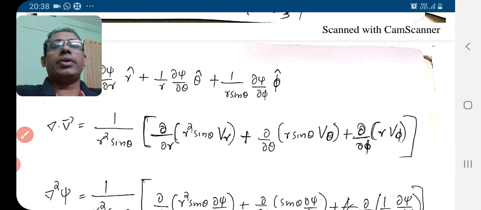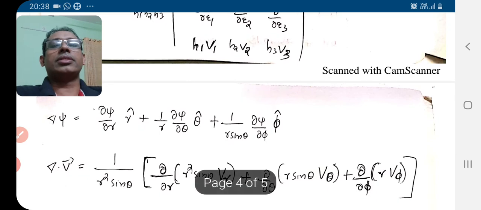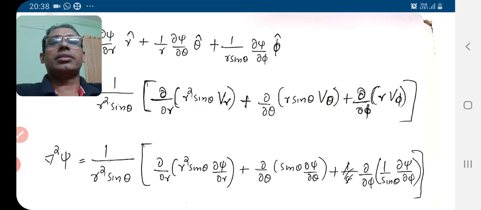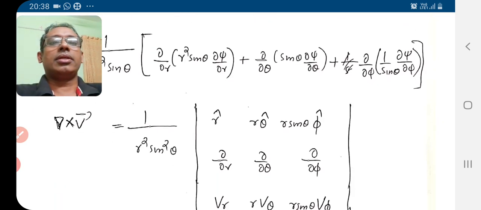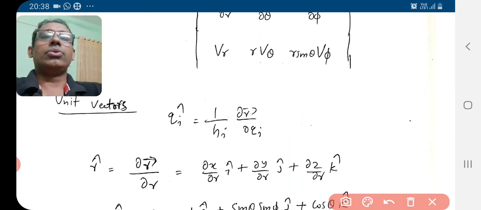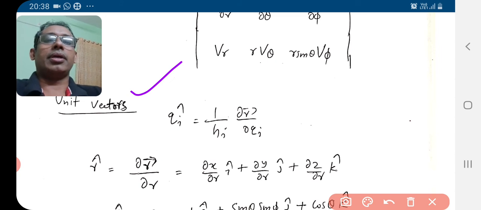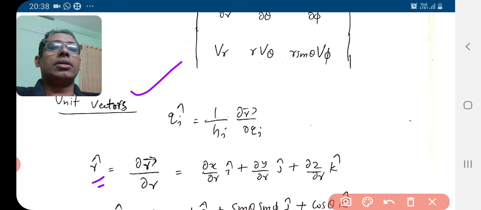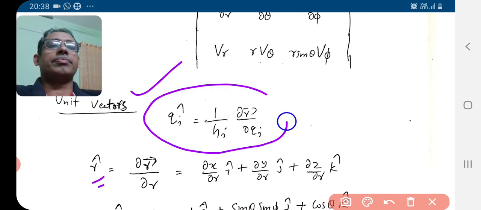So in this way we can find the divergence, the gradient, the Laplacian, the curl, all these things can be found. Unit vectors, unit vector r is, this is the expression.